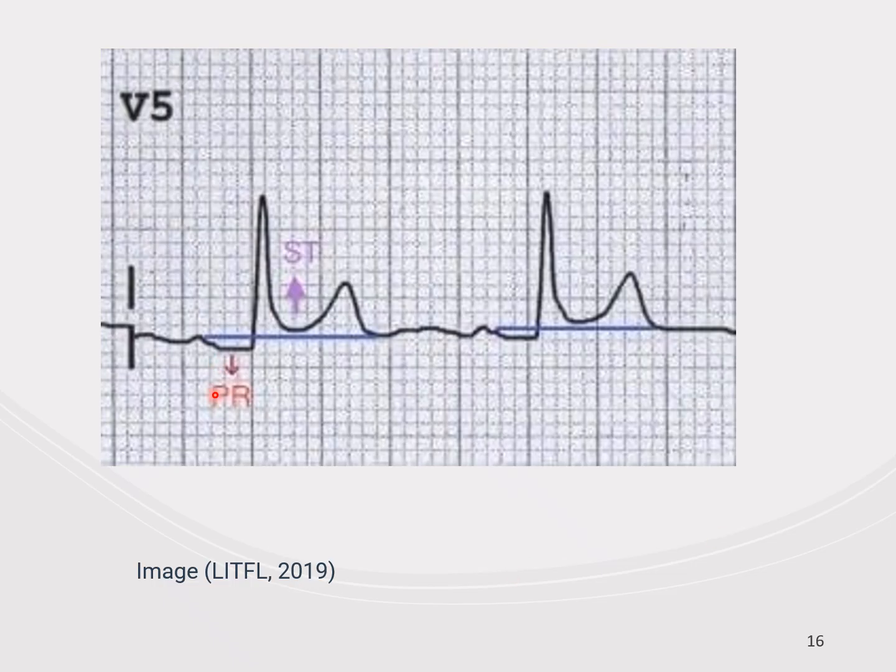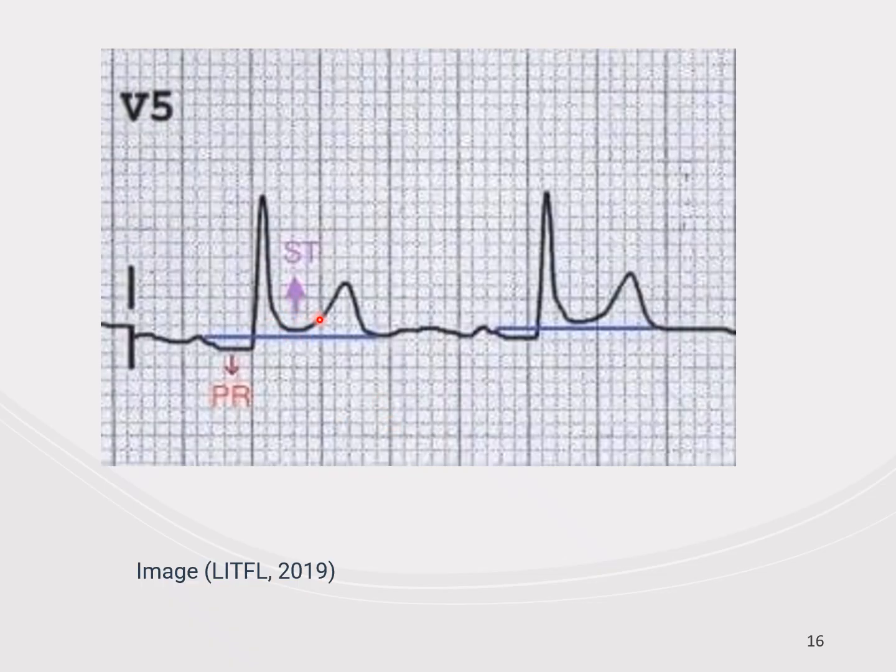So now, for the changes that happen in pericarditis, you'll very rarely see PR depression, but if the EKG is taken right at the time of pericarditis, you'll see PR depression like this, and then a diffuse ST segment elevation, which means you'll see the majority of the ST segments elevated in many of the leads, like this.